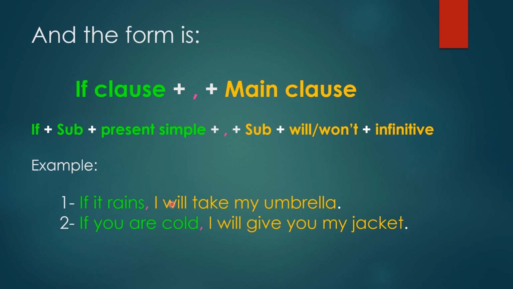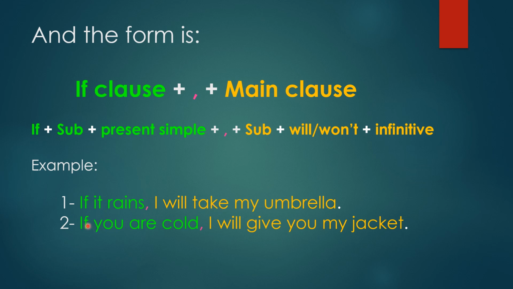Why didn't I choose won't? Because I choose will when the sentence or the clause is affirmative, and I choose won't when it's negative. So, I will take my umbrella. Take is an infinitive verb.